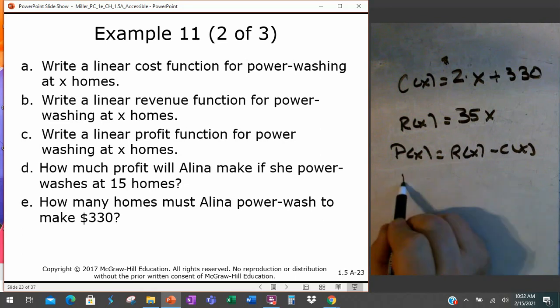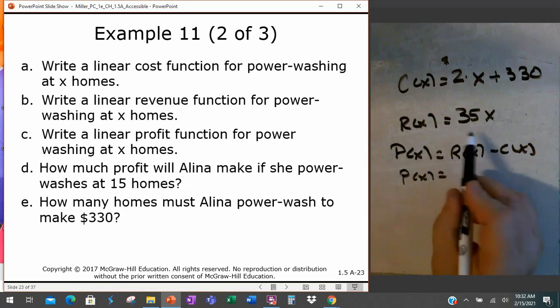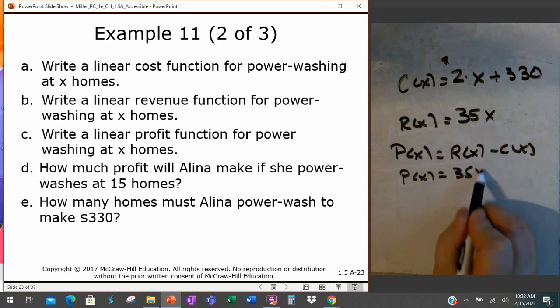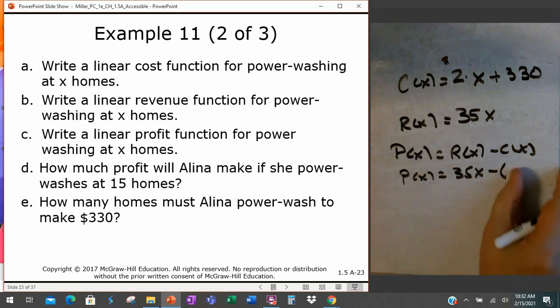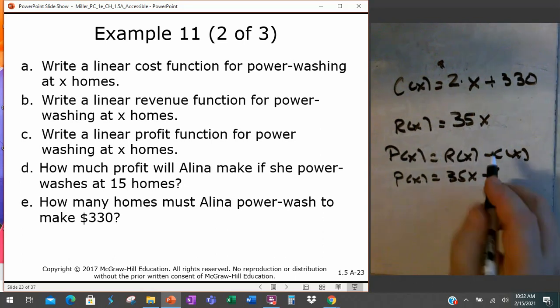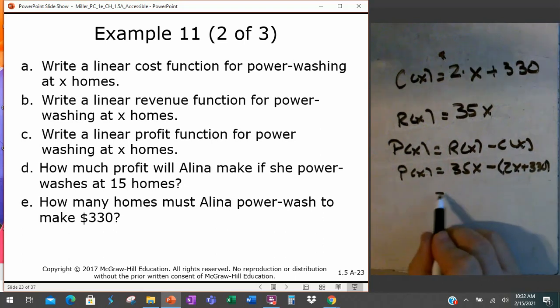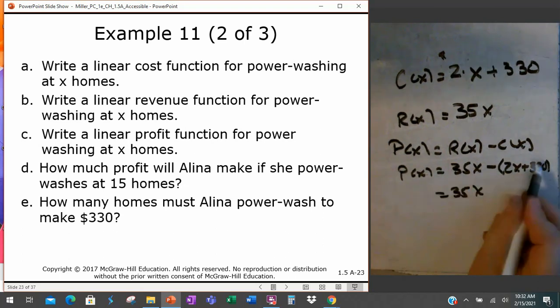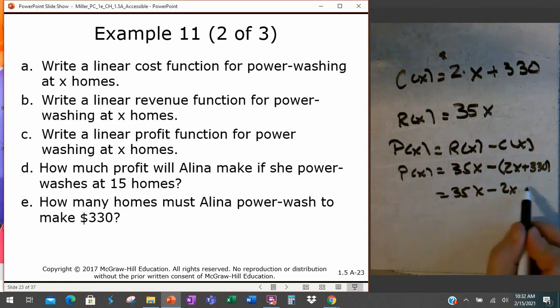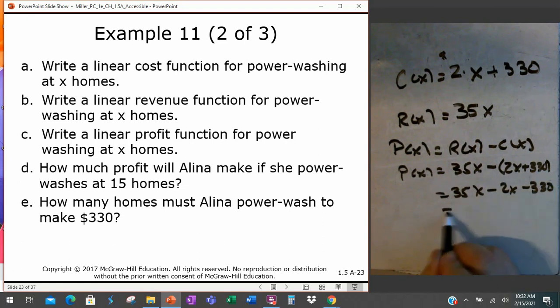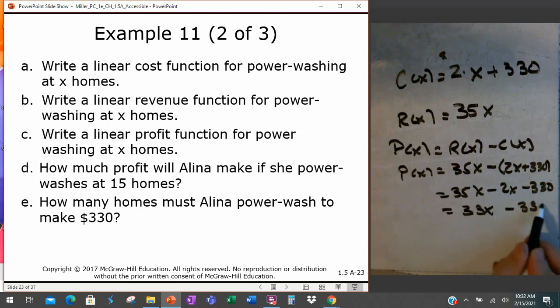So this is our revenue, 35x, minus, and this gets subtracted off from everything, 2x plus 330. Then I just distribute the negative: minus 2x minus 330. So out of this, per unit, 33x, and then minus 330.